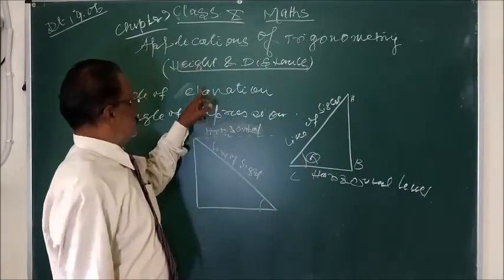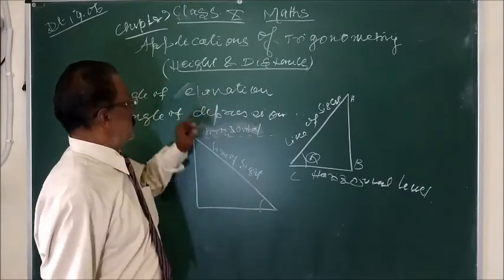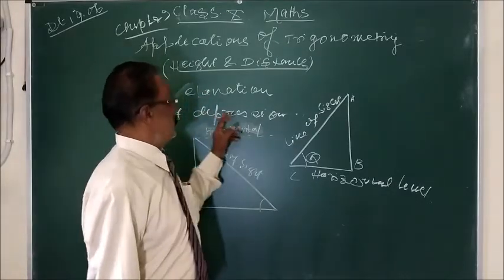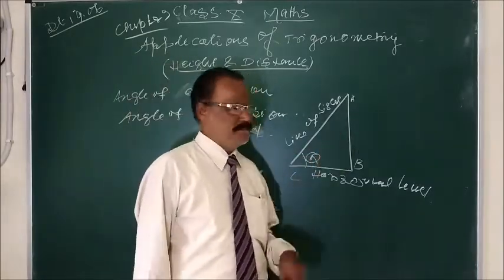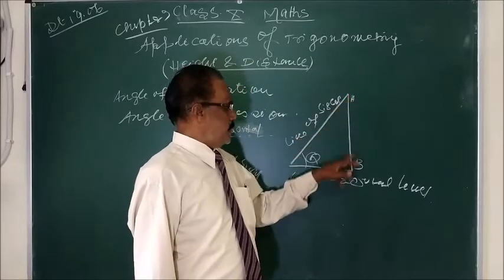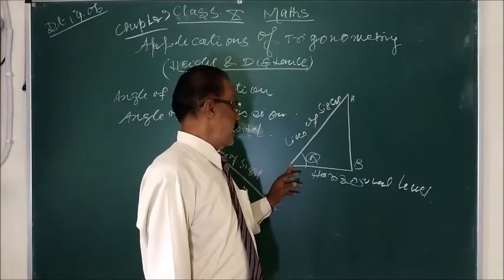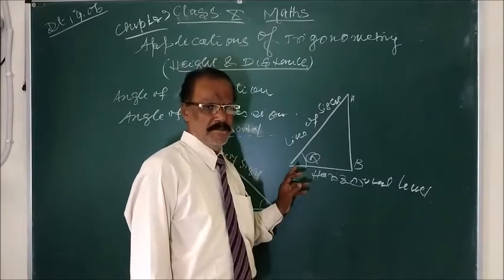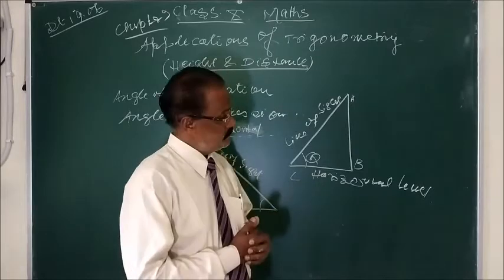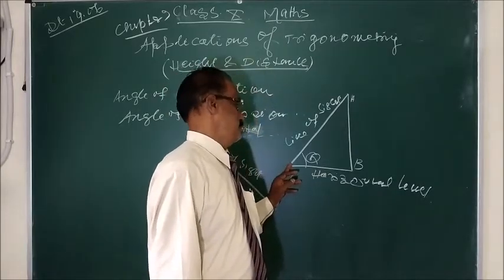Now, 2 points here: angle of elevation and angle of depression. First you see this figure. Suppose AB is a tower and you are at point C. This is the position of the observer. Observer means eye is here.